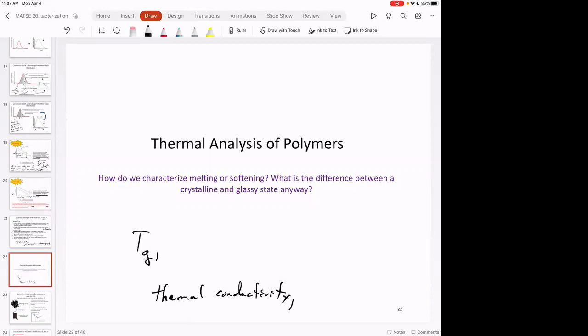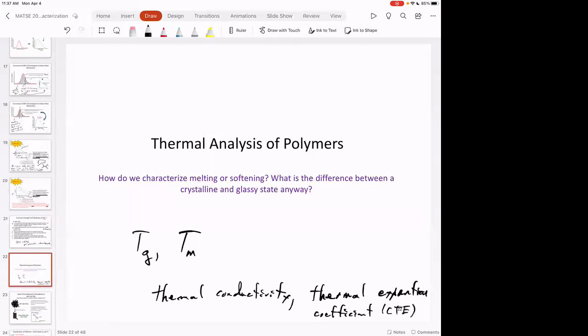So what other thermal properties of polymers do we care about? Tm, that's a good one. What else? Thermal expansion coefficient, or the CTE.